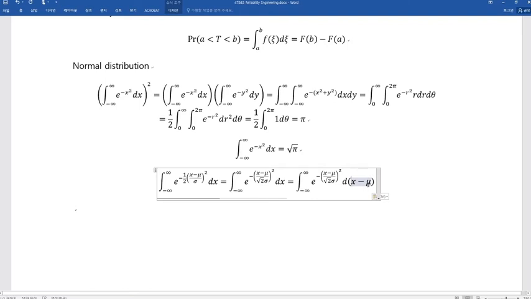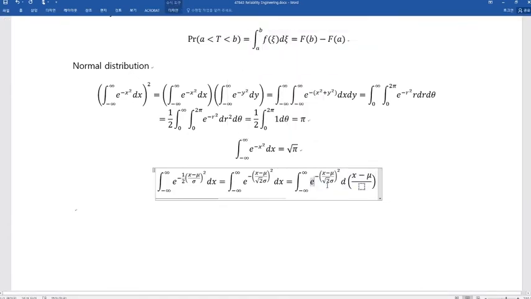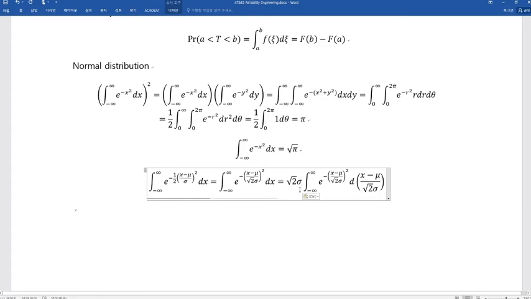And what if we would like to divide this with square root of 2 sigma? Of course, this would be different from d(x minus mu). To make this equivalent, we need to multiply square root of 2 with the sigma, so that these can be cancelled out.